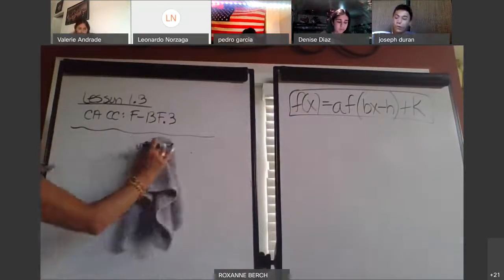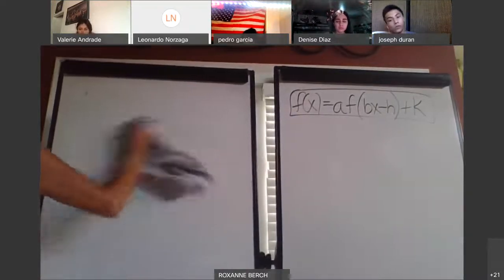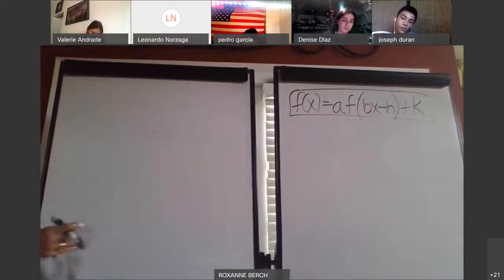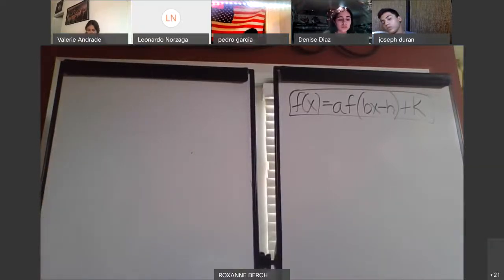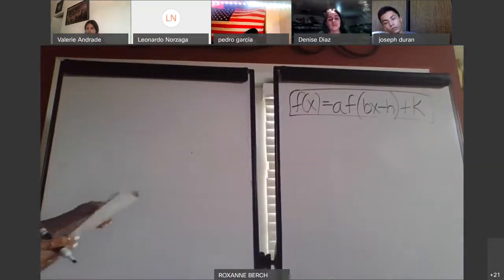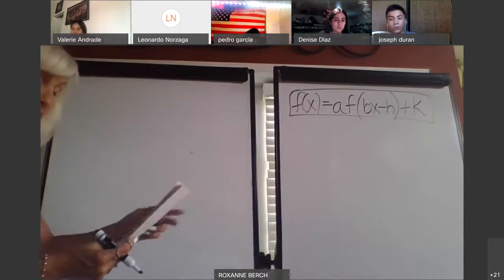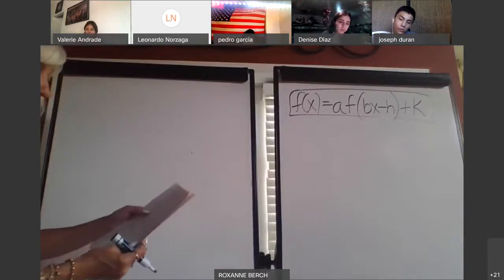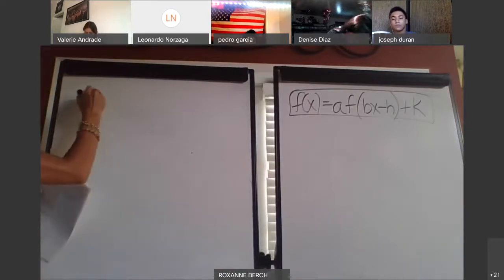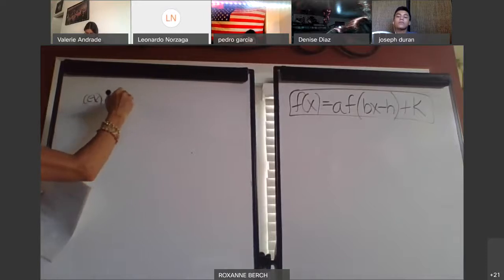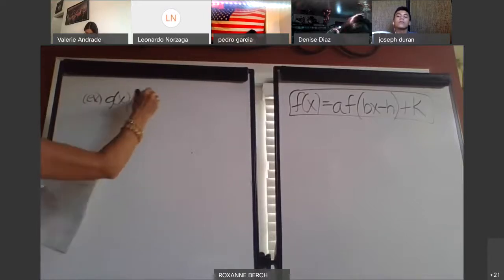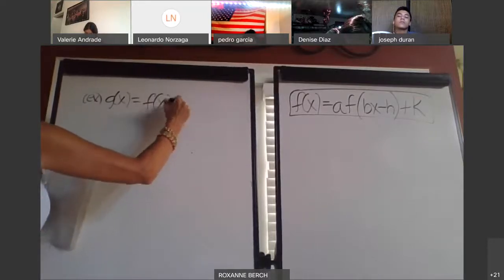I'm going to erase this side of my room. Okay, now this function that I'm going to do, it does not have an equation, but it does pass the vertical line test. So see how they write it?